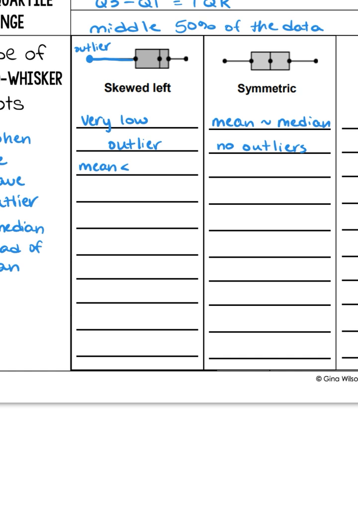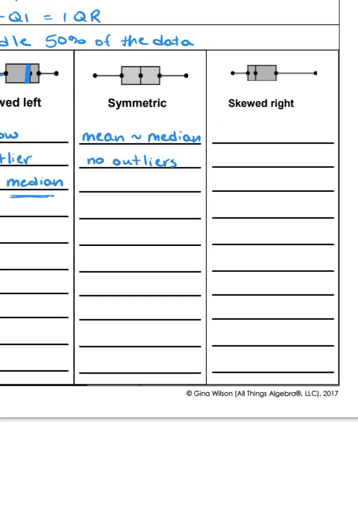So the mean is gonna end up less than the median. Okay, so that pulls this out this way. Okay, the median typically stays where it was or close to where it was. It doesn't change very much. So we would use the median as a measurement if we had a data set that's skewed left.